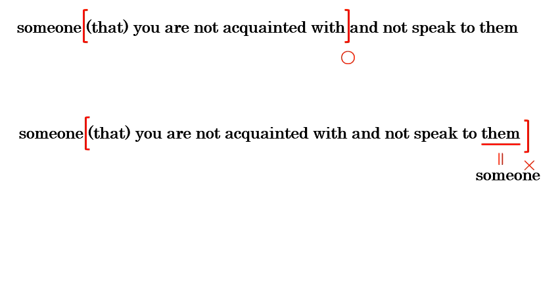Exactly. "Someone" is treated as singular, but it's commonly referred to with plural pronouns like "they," "their," or "them." If we assume that the relative clause extends all the way to "them," that would lead to a problem. For example, if you translate "a person you know" as "a person that you don't know him." What's wrong with this sentence?